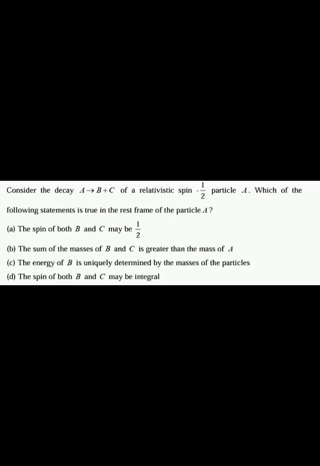The next question is, consider the decay A gives B plus C of a relativistic spin half particle A. Which of the following statements is true in the rest frame of particle A? So here the reaction is A gives B plus C, and the spin of A is given as half. If the spin of B and C is taken as half, then S1 and S2 are half, so S is equal to S1 plus or minus S2, that is 0 and 1.